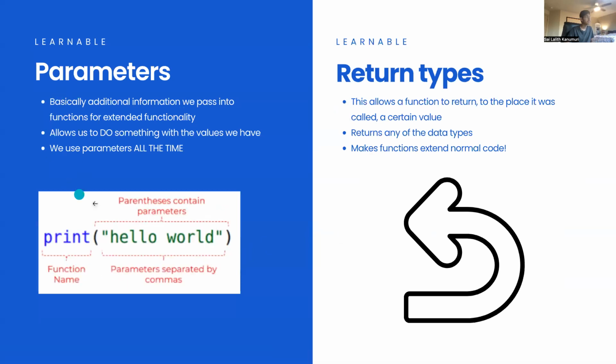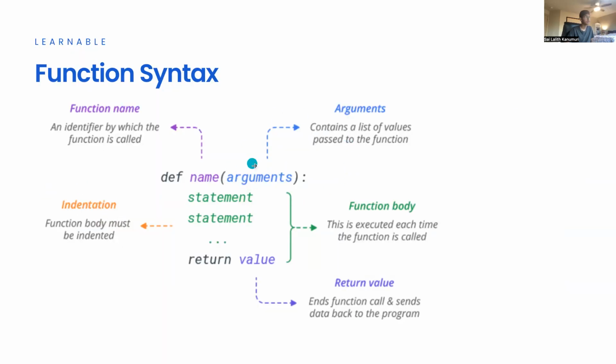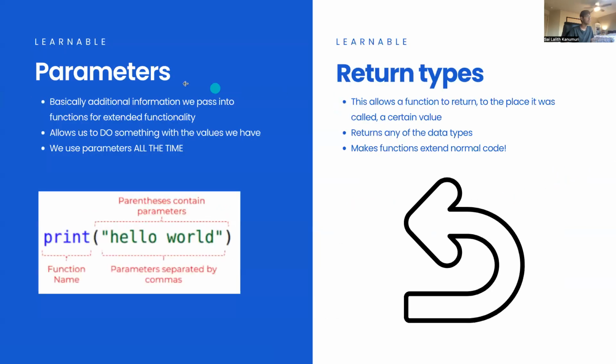Parameters are additional information we pass in, and return values allow code to extend off of the program, which makes it so much easier to connect programs together.